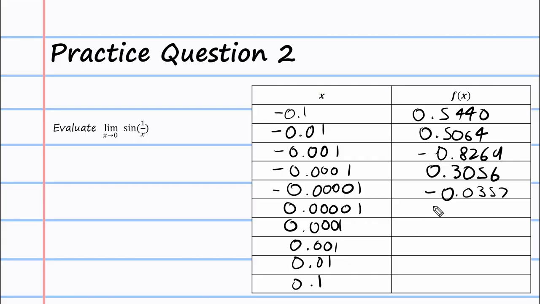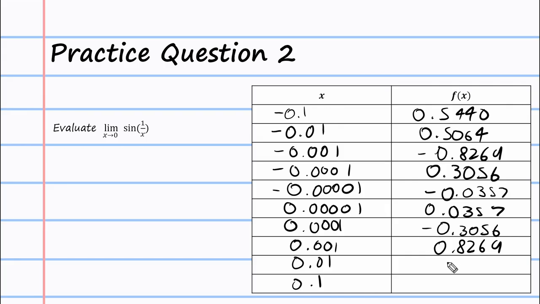All right. So now at 0.00001, f of x equals 0.0357. At x equals 0.0001, f of x equals negative 0.3056. At x equals 0.001, f of x equals 0.8269.